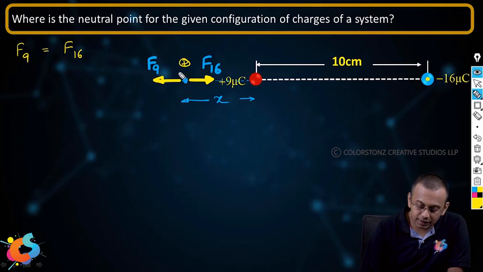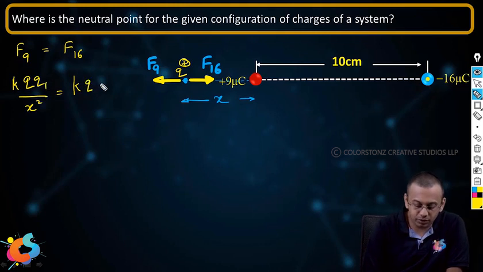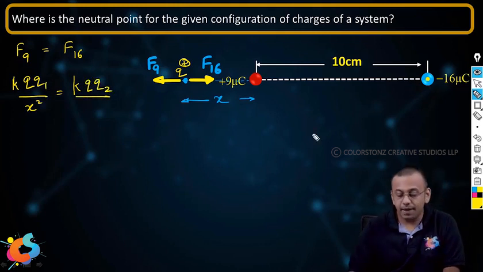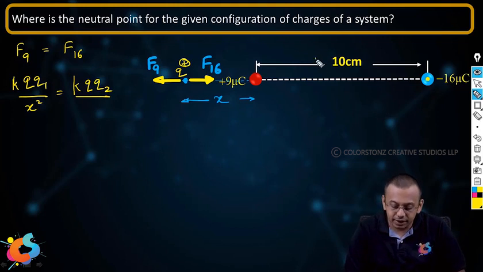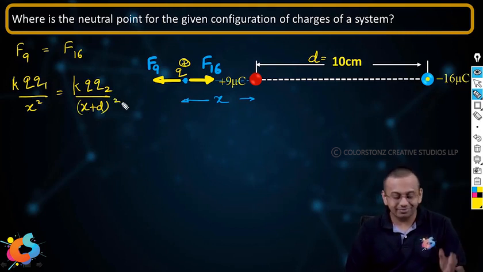Let's say there is some charge Q, then KQQ1 by x square has to be equal to KQQ2 upon x plus this distance, let's say it is d, so it will be (x plus d) whole square.